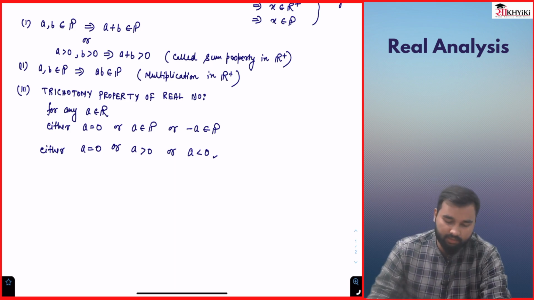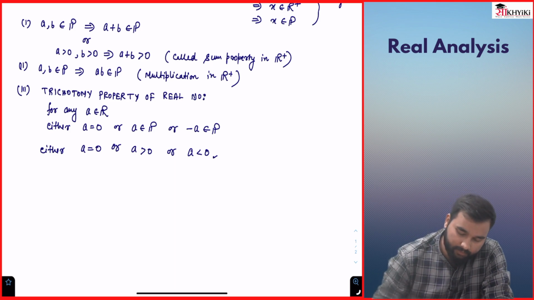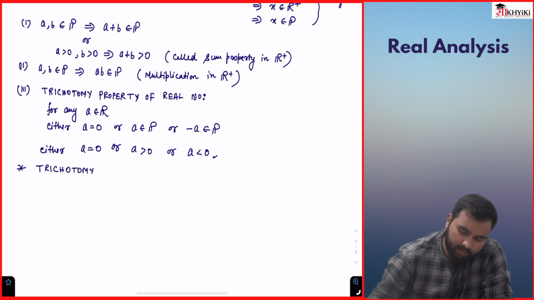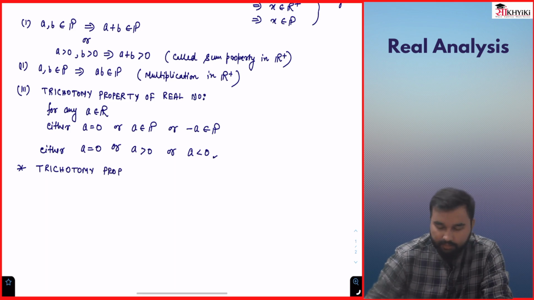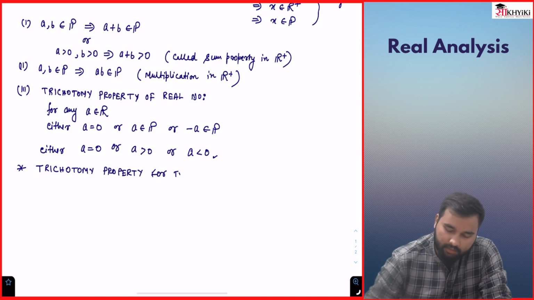Now we are going to define the trichotomy property for two real numbers.